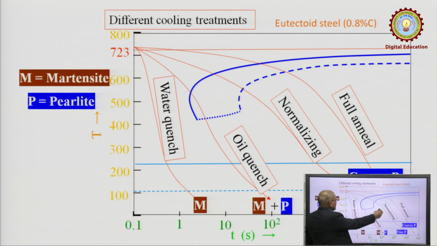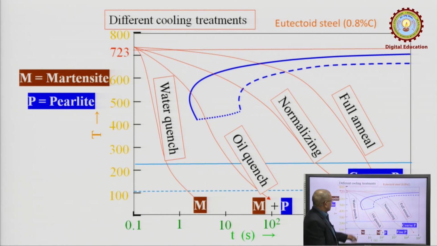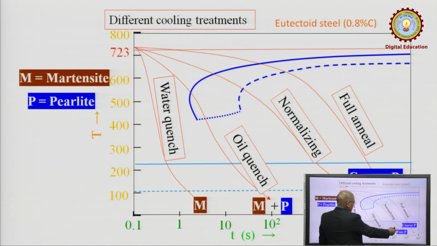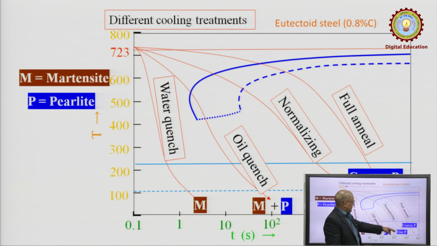On still slower cooling, which is referred to as normalizing, this is the rate of cooling generally followed during the normalizing operation, where the austenite is getting converted into fine pearlite. This is the region indicated where the pearlite is formed. Pearlite means on the upper side coarse pearlite, to the lower side fine pearlite.